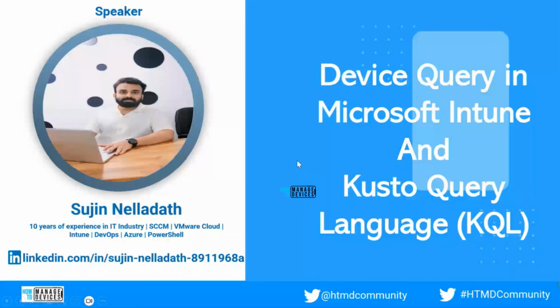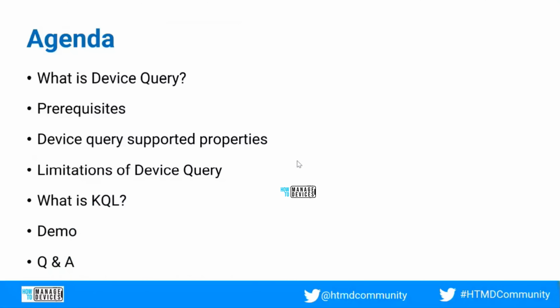As I discussed, today we're going to discuss the device query and KQL in Intune. These are the agenda items for today. I'm going to discuss what exactly the device query is and what prerequisites we must follow before we work on it. What are the supported properties that you can see inside the device query once you're in the Intune portal, and what are the limitations of device query?